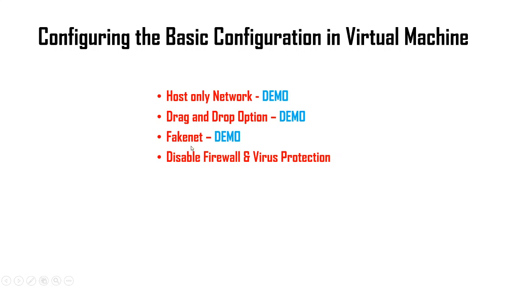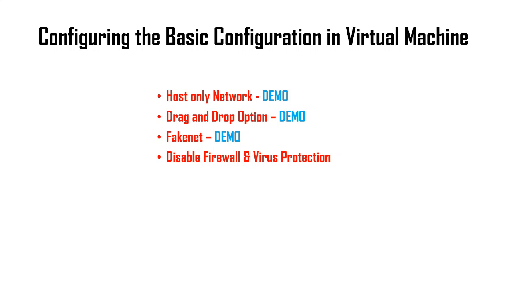And then the third one is FakeNet. For example, if I am executing a malware in my virtual machine, sometimes it may communicate with the internet, right? If it is communicating with the internet, only after that it may show its original behavior. So if it doesn't have internet in my virtual machine, then it will not show its original behavior.